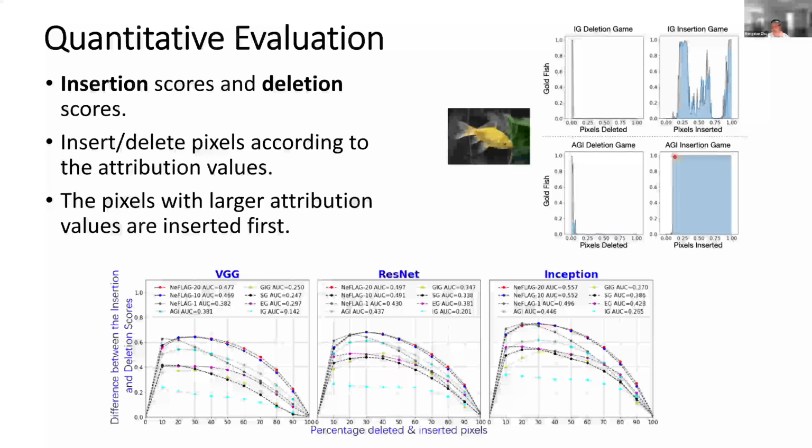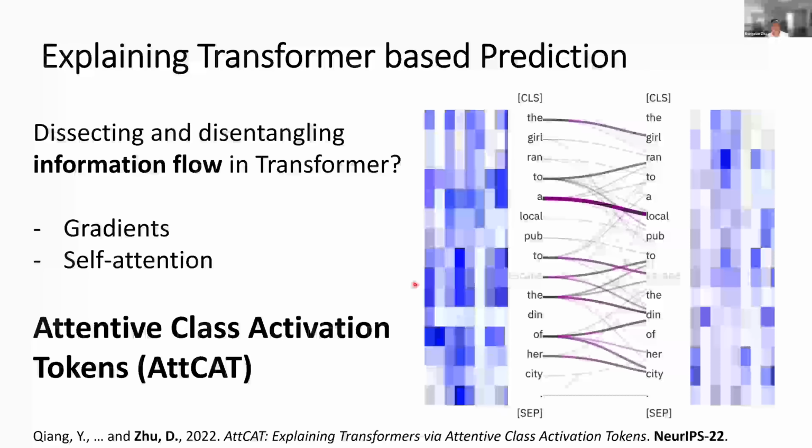So this quantitative evaluation basically says that we learned the most important real features, only 2%, 1%, that can be used to generalize the model to different tasks. There are also other evaluations using different architectures.